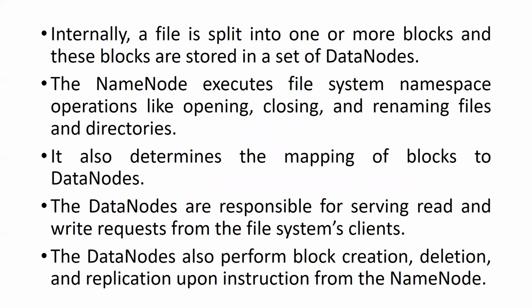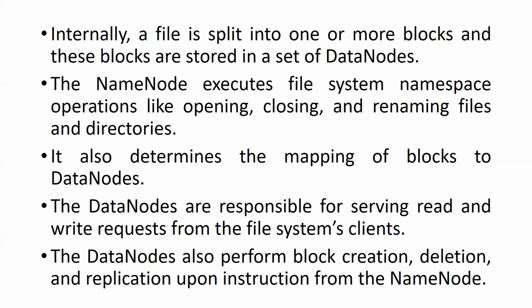Internally, a file is split into a number of blocks, and the blocks are stored in data nodes. The name node executes file system namespace operations like opening, closing, and renaming. These operations are performed by the name node. The name node determines the mapping of blocks to data nodes.